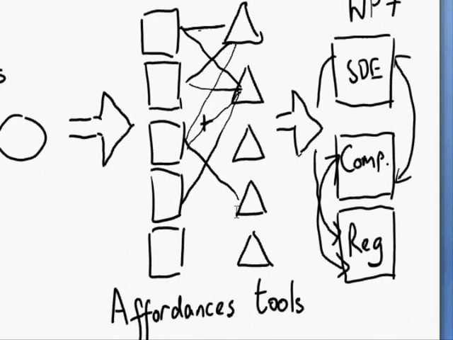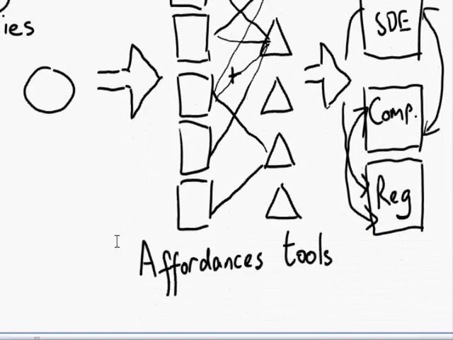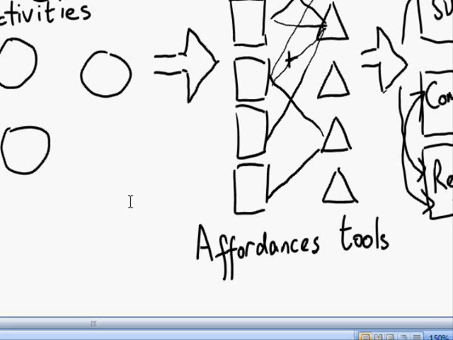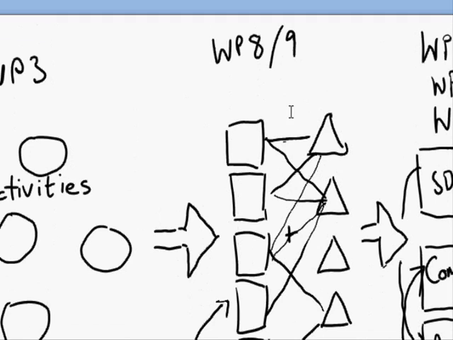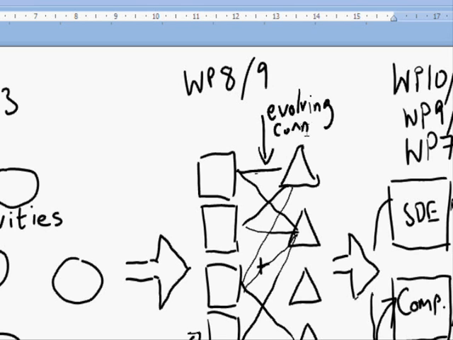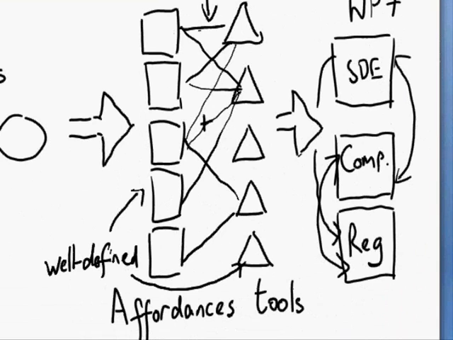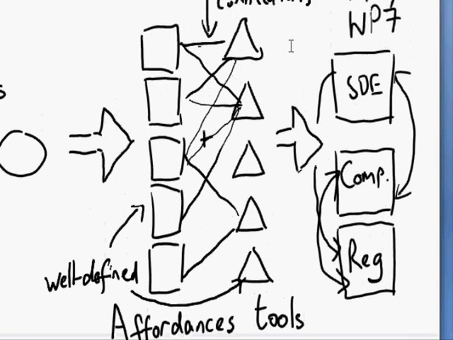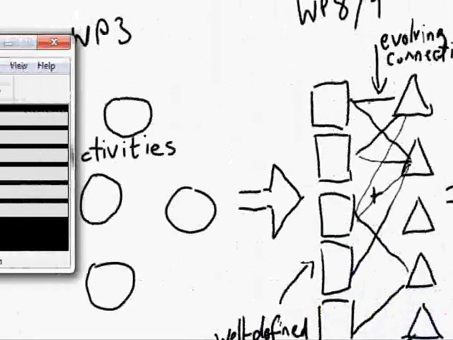We're not going to get this absolutely right, but getting it right doesn't become a matter of playing with semantics, of asking how this describes what this does, and is this the best description of a tool? It simply means that we play with the mappings between the tools and the affordances, and I think that will allow us to evolve appropriate relationships between tools and affordances, which will allow us then to make the inferences that Work Package 10 needs to make in the scenario development environment.